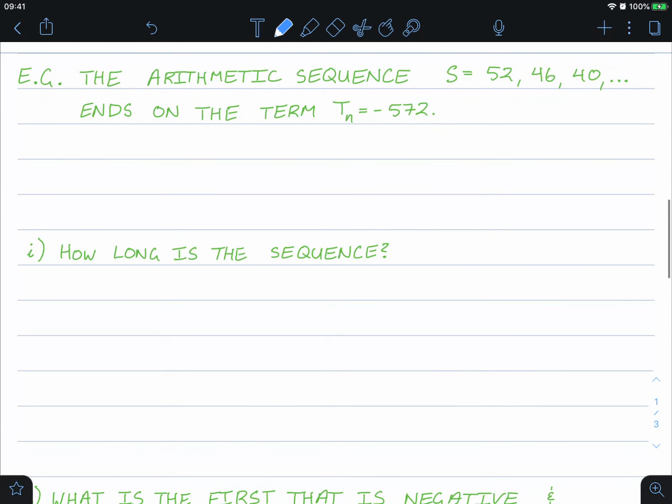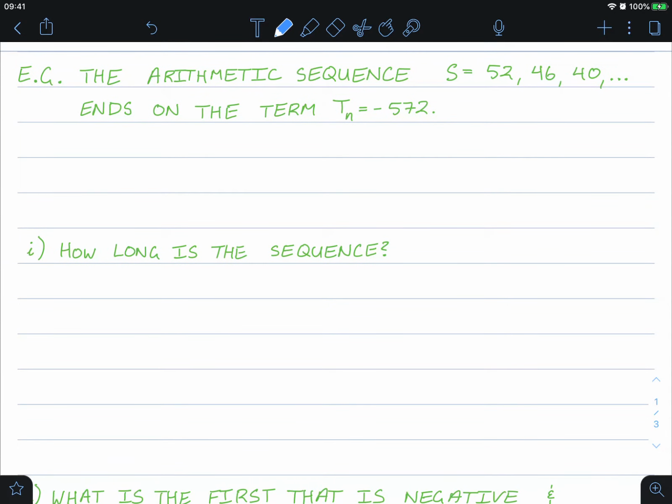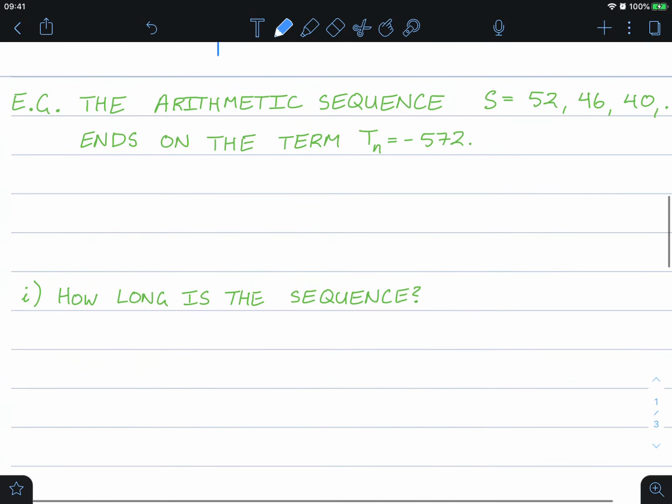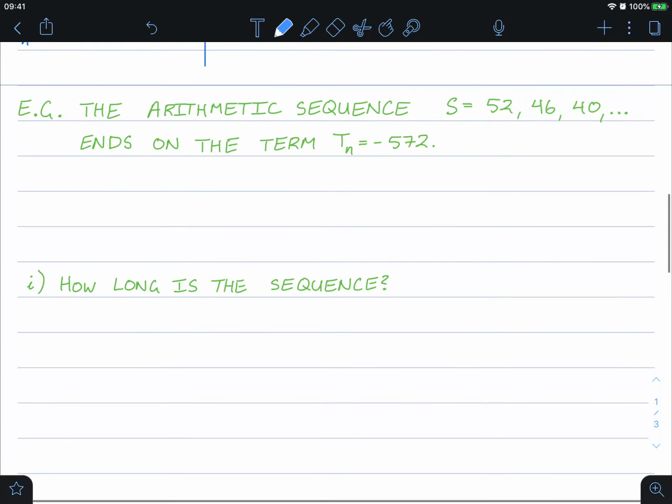So let's try again for this one. The arithmetic sequence s equals 52, 46, 40, etc. It ends on the term t of n equals -572. So this actually doesn't go on forever.